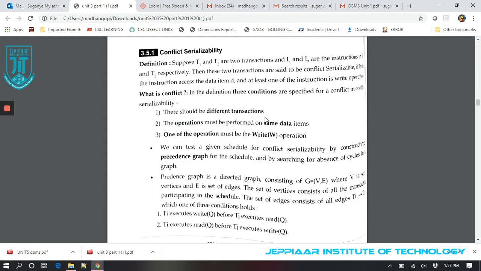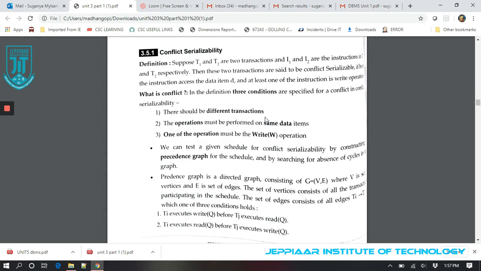When you consider two of them, each one should be a different transaction. If T1 and T2 are there, then there is a possibility of some conflict.